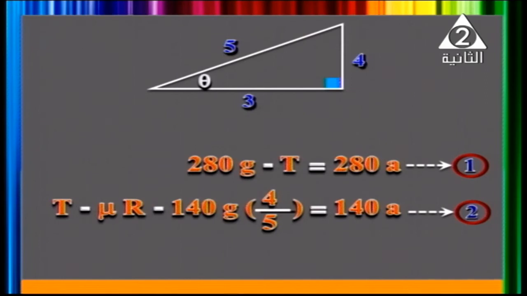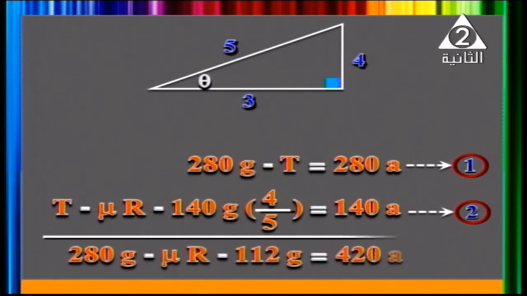My dear student, from the first and the second equation, we have tension, acceleration and mu R. By substitution about mu and R and with add the first and the second equation, the result became 280g, g is 9.8 or 980, minus mu R minus 112g equals 428a.